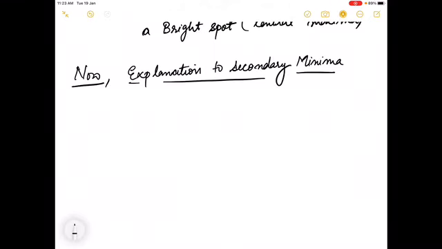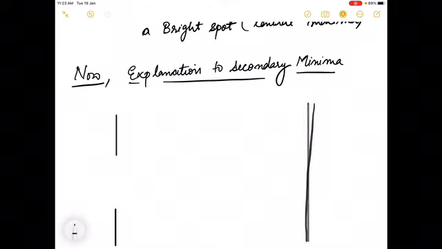Okay, so let's try to redraw that again. Here the screen will be there, right? We know this distance is A, how big your slit is, right?